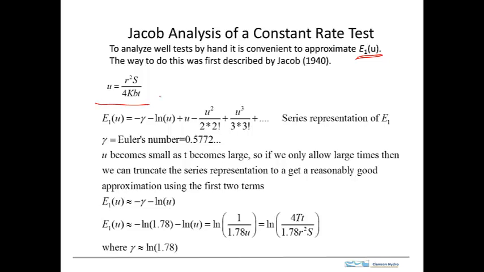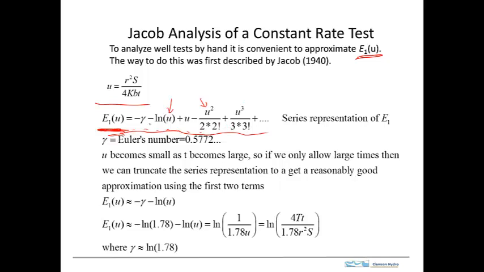And as it turns out, if you go and look up this exponential integral in a math handbook, what you'll find, and what Jacob found, was that it expands out like this. So this function has what's called a series expansion that looks like this. So there's u, and then you have these factorial expressions.